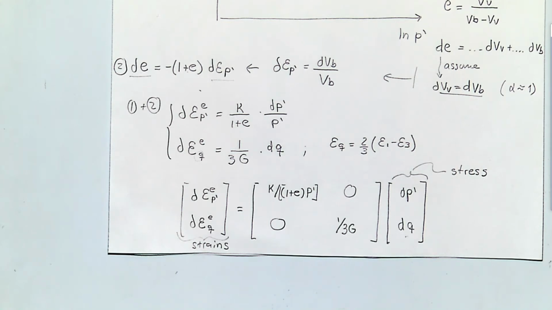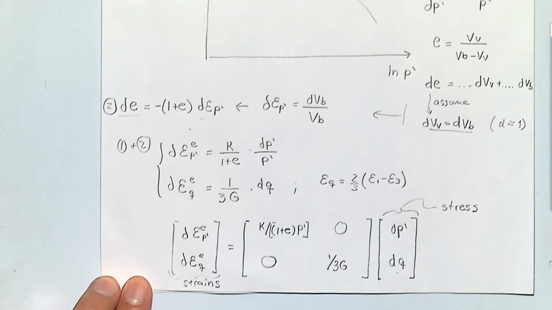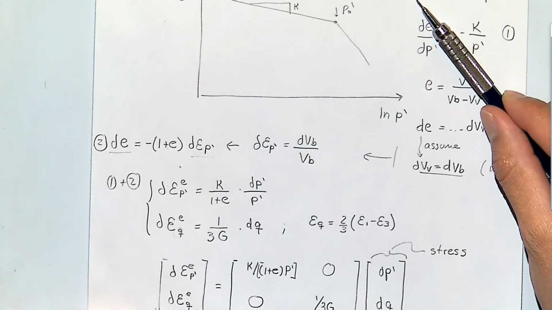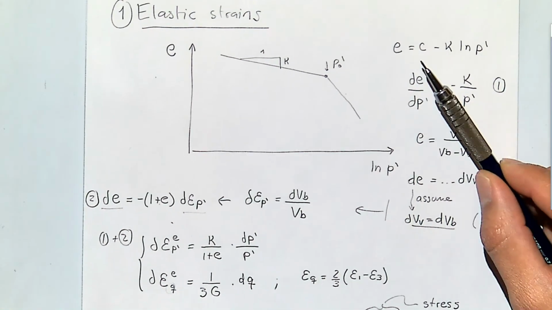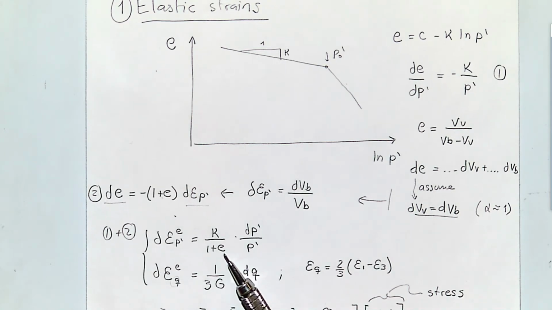Why is the deviatoric strain not weighted by the void ratio also? I mean, because in the first equation we had void ratio weighting. This one? The mean stress, yes, and in the bottom one you do not have it. You only have the shear. Yes. And why is that?